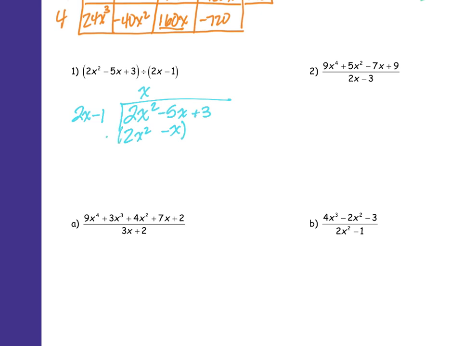And then I'm subtracting. It's doing exactly the same thing. So this would be negative 4x plus 3. What do I multiply 2x by to get negative 4x? Negative 2. So that's negative 4x plus 2. The whole deal is you want these numbers right here to always be the same. And then that's 1. So plus 1 divided by 2x minus 1.